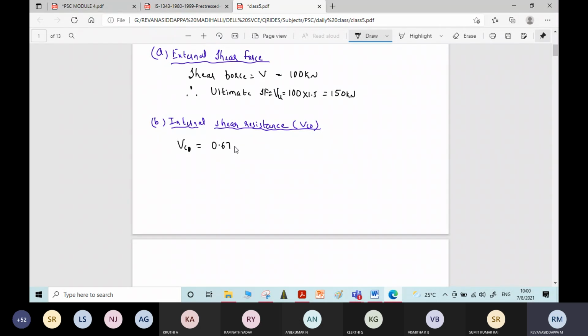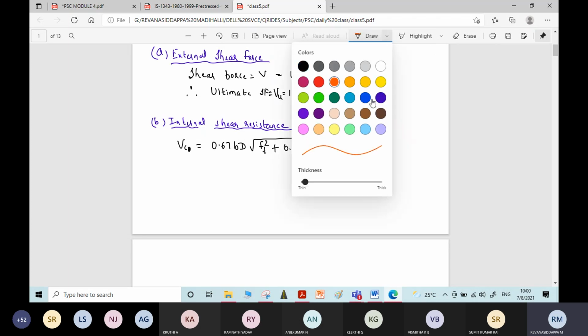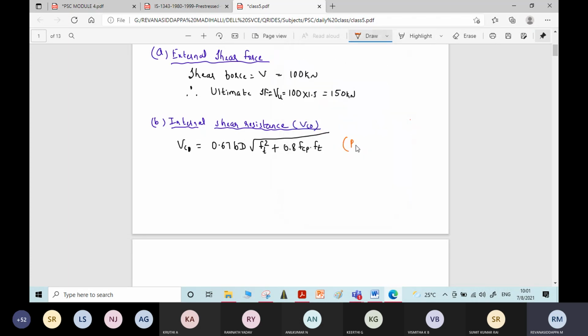0.67 B into capital D root of FT square plus 0.8 FCP into FT. Okay, which is given in page number 46, IS 1343 1980.